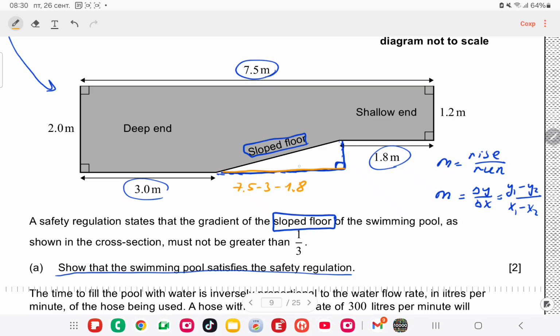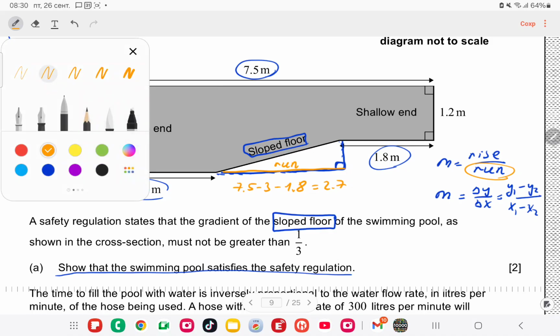Using the calculator, this value is 2.7. This is actually the run of the slope, sorry, not the rise. It's a run, and now we should find the rise.